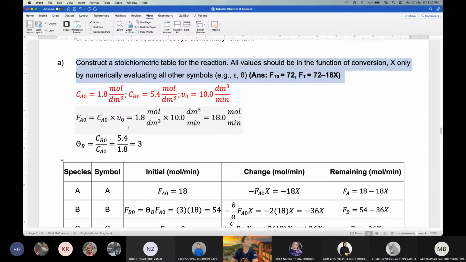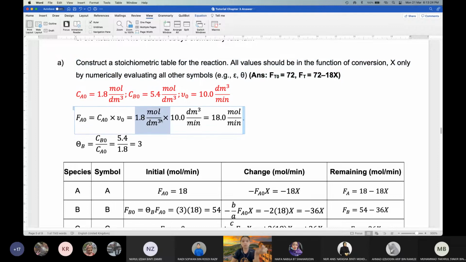So we already know the concentration of A initially is 1.8, and the volumetric flow rate initially is 10. Again, if you are not sure whether to multiply or divide, just do unit cancellation. That is the easiest way. You realize that in this question I can cancel my unit dm cube: I have 1 dm cube at the bottom and 1 dm cube at the top.